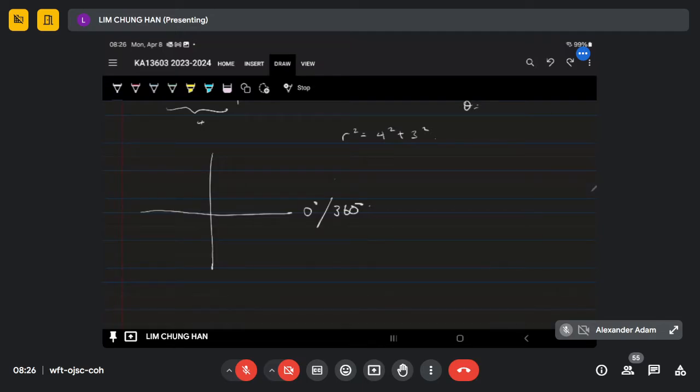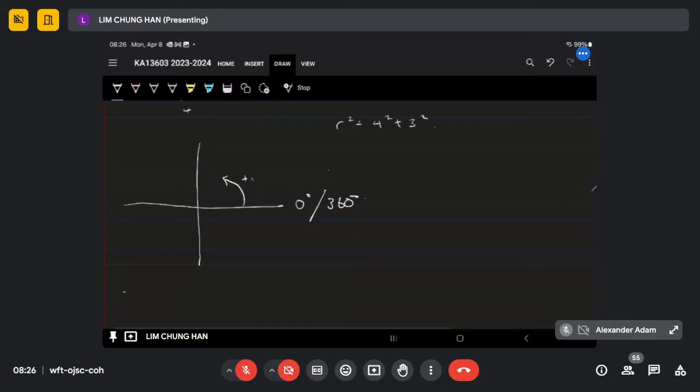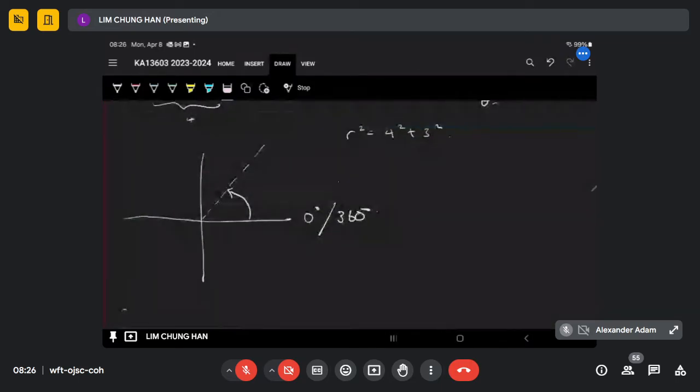The positive direction is anti-clockwise.